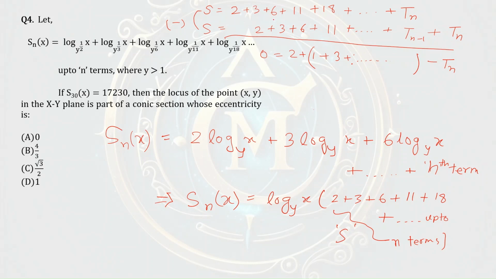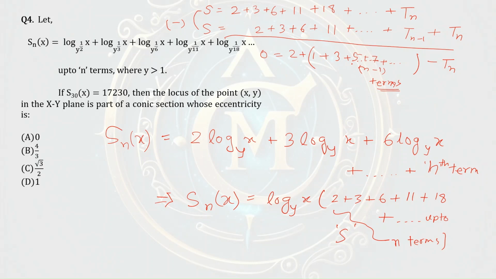Now inside this bracket there are total n minus 1 terms. So this is an AP which is like this, 1 plus 3 plus 5 plus 7 plus so on. Now we know that summation of n odd natural numbers is n square. So we apply that formula directly here.